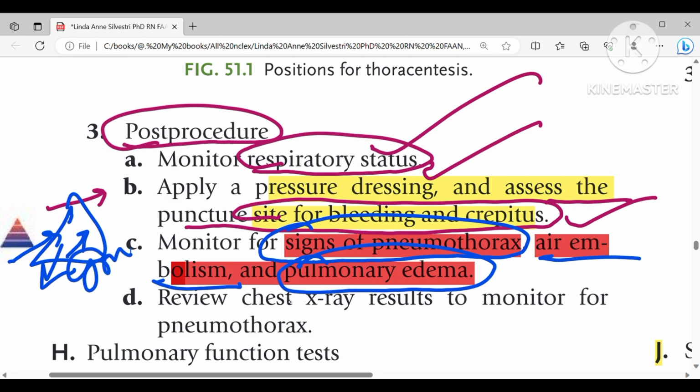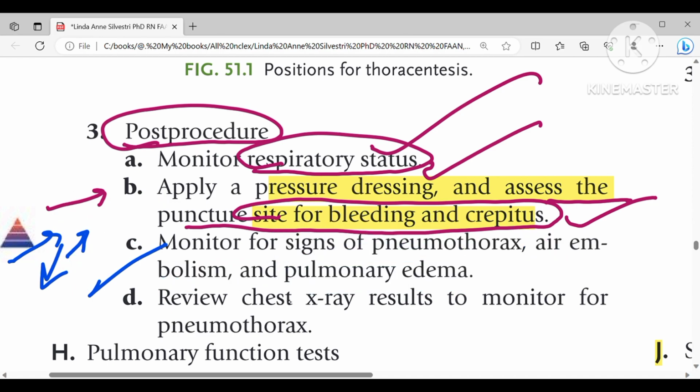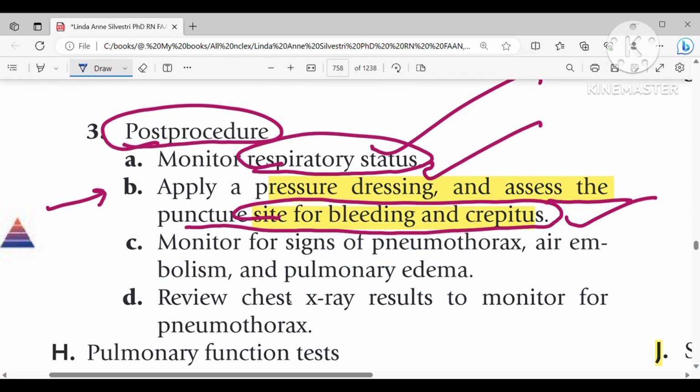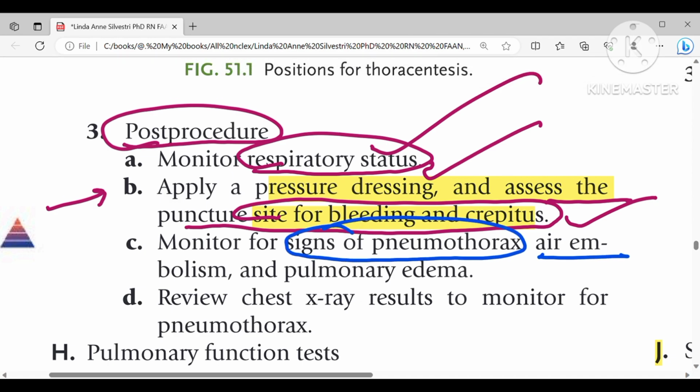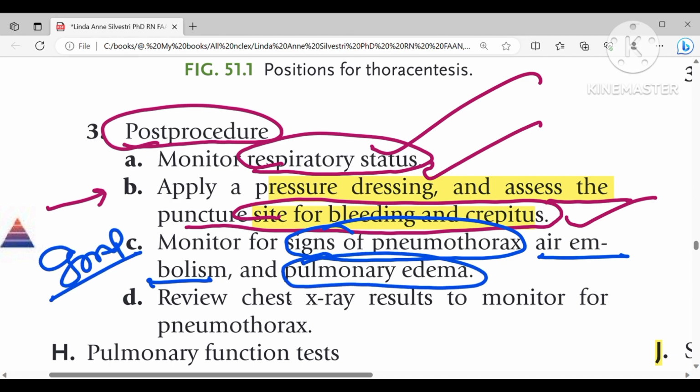This is very important. We should monitor the patient for the signs of pneumothorax, air embolism and pulmonary edema.